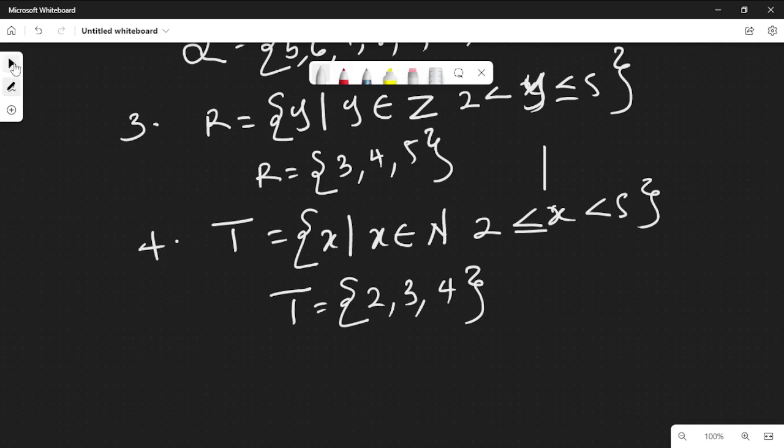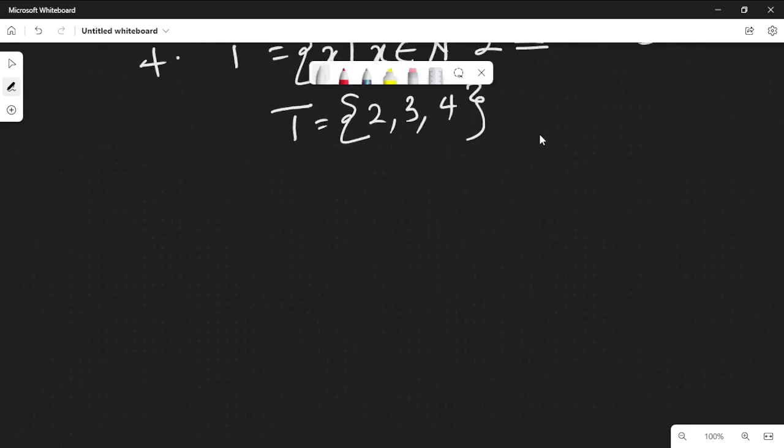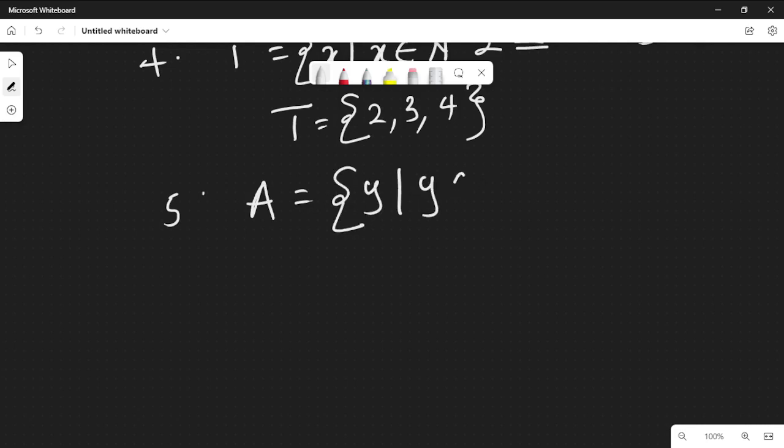And the last but not the least, that is going to be our number 5. If I have, let's say, set A that equals the set of Y such that Y belongs to the set of natural numbers. Natural number is the same thing as counting number, okay? And we have 2, and we have this Y, and we have this 5.